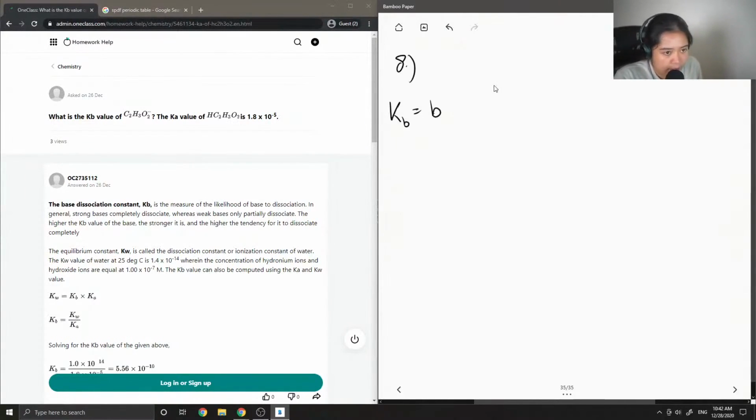is the base dissociation constant. And this pretty much tells us the strength of the base. So if you have a greater Kb value, then you have a stronger base.